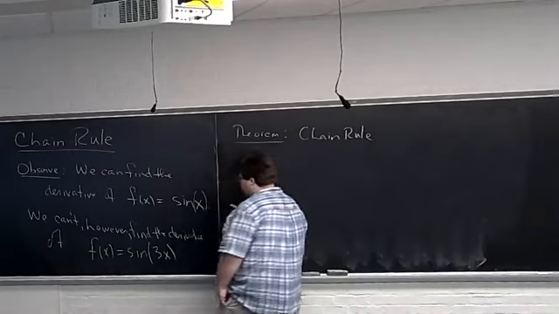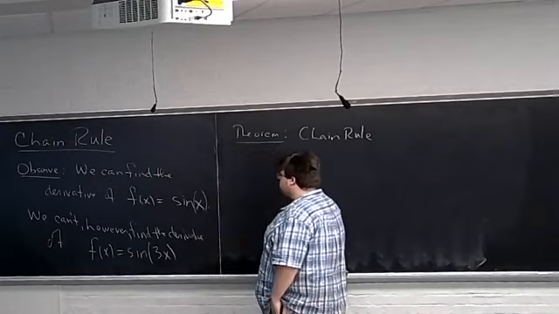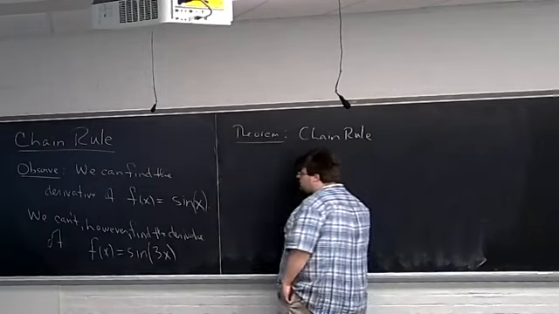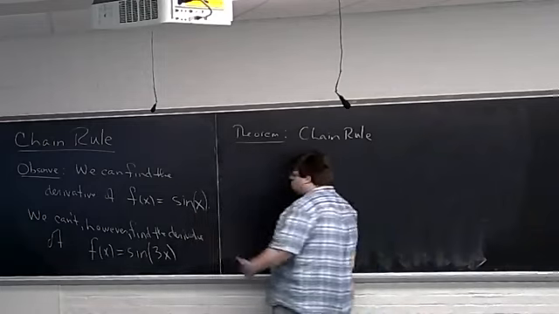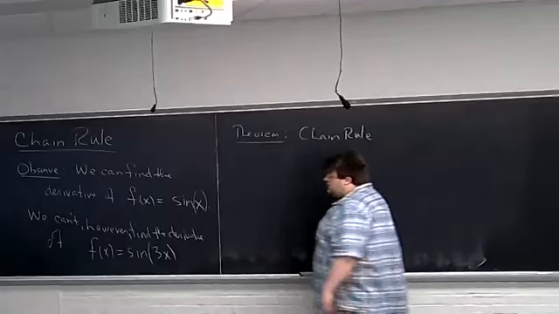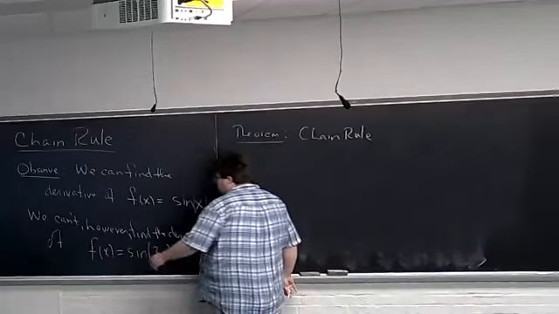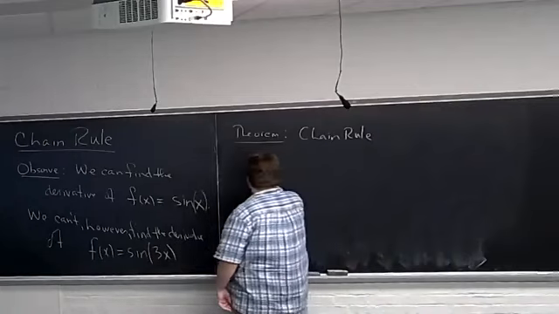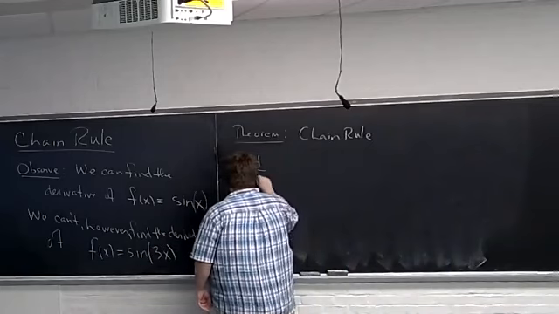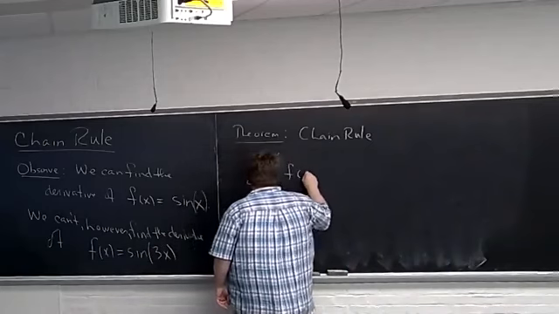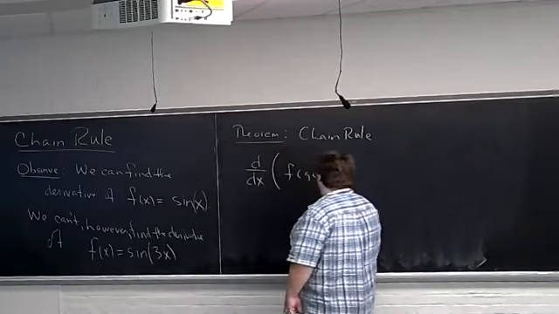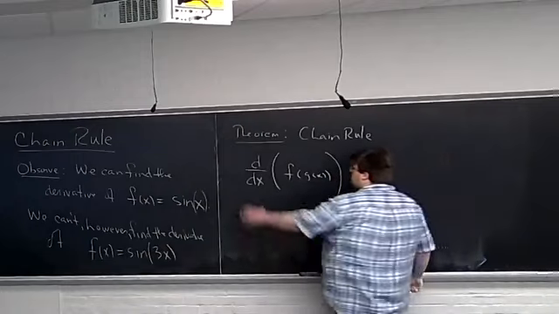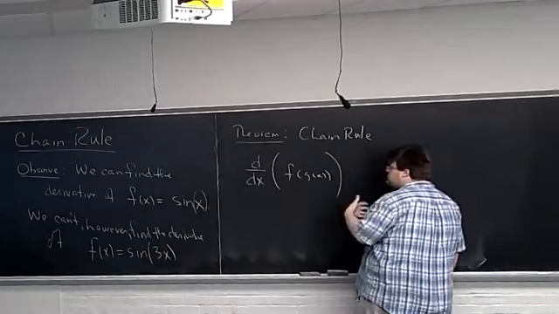Technically, this first function and the second function are compositions of functions, but the first one is a trivial one, meaning just an x. This is sine of 3x. You break it into a composition, sine of x evaluated at 3x. And the chain rule in general tells you how to take derivatives of a composition of functions. So here we have the notation derivative with respect to x of a composition.